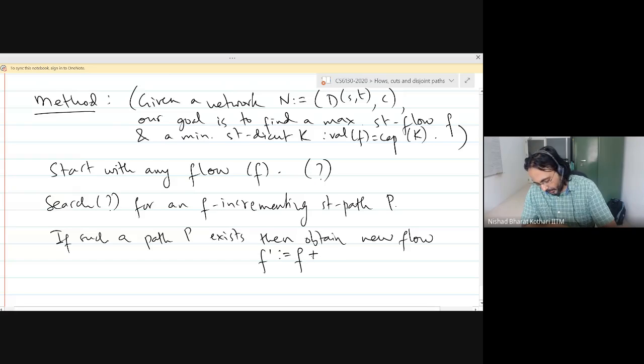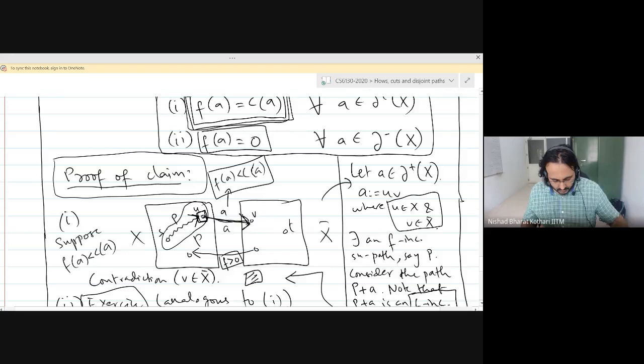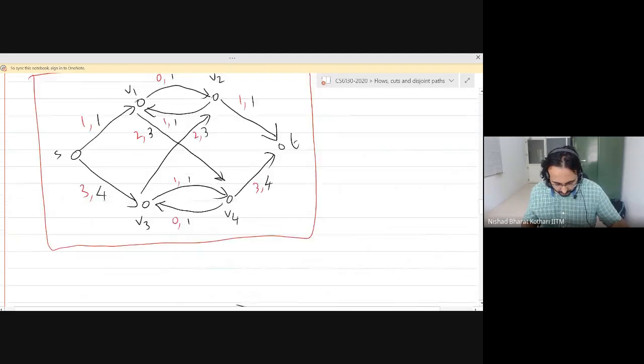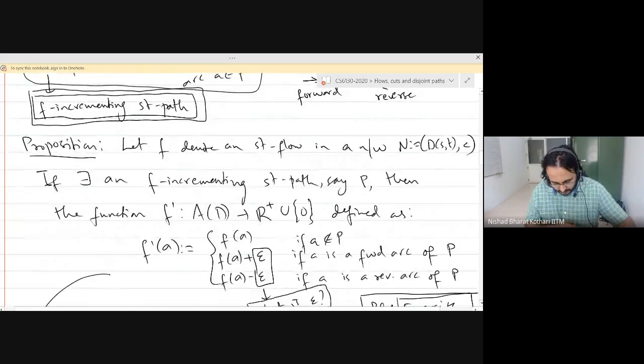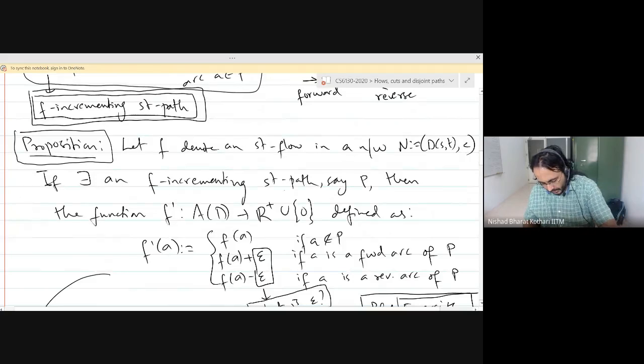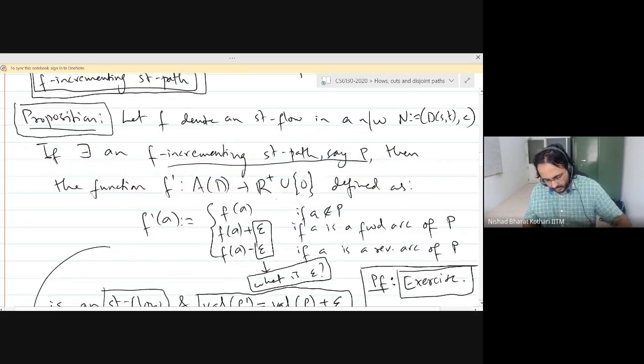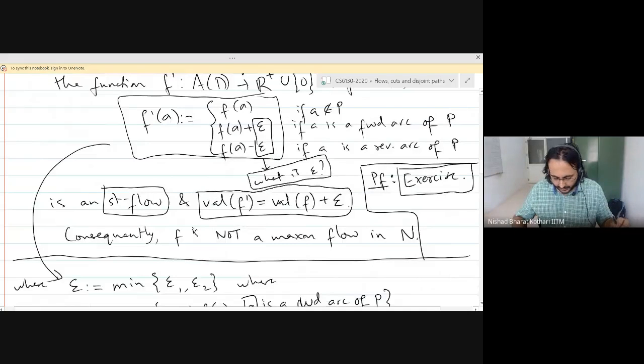Okay, so I'm going to be vague here. What I mean by this is, we had this proposition earlier. Okay, so you found a path p, and now you define f prime in this manner. Okay, so that's what I mean by vaguely.